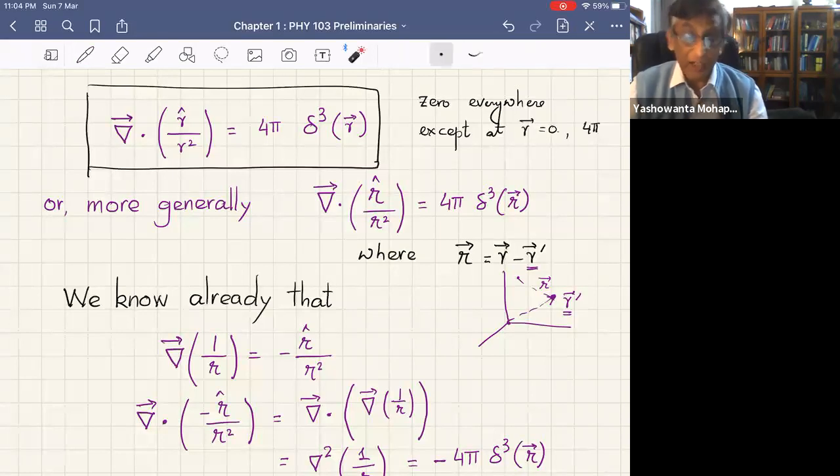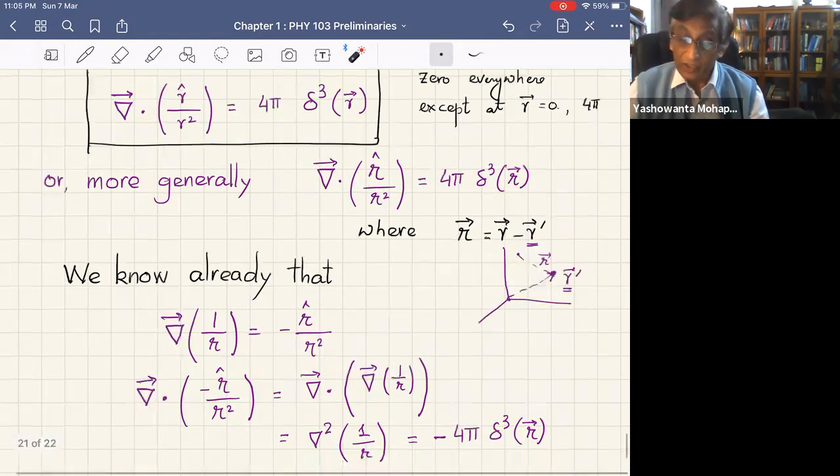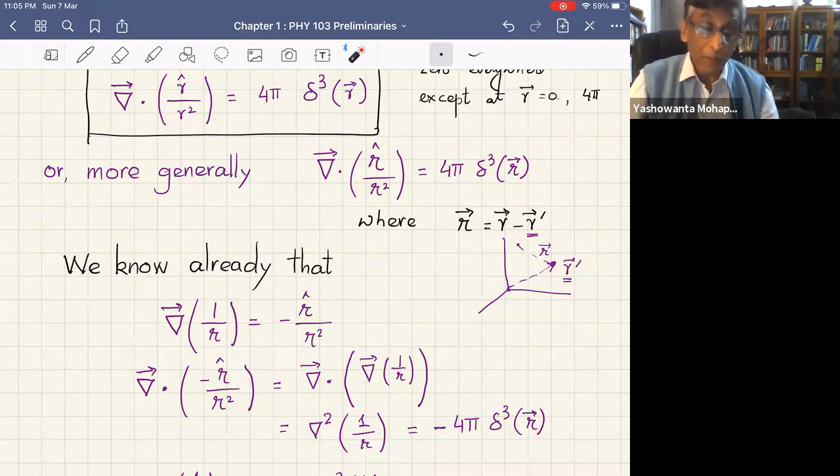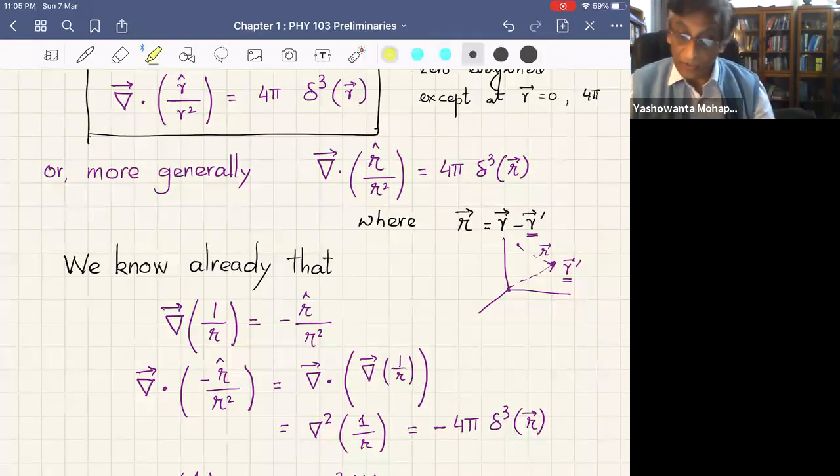So we already know that grad of 1 by r is minus r hat by r square, and divergence of minus r hat by r square would be divergence of grad of 1 by r. So this is nothing but the Laplacian, del square of 1 by r. So what is del square of 1 by r? It is minus 4 pi. This is an important relationship for us.